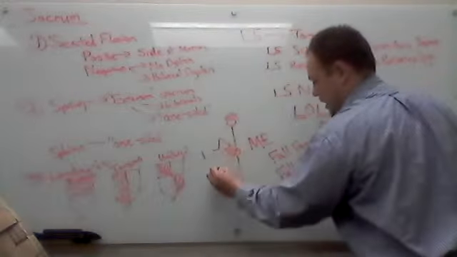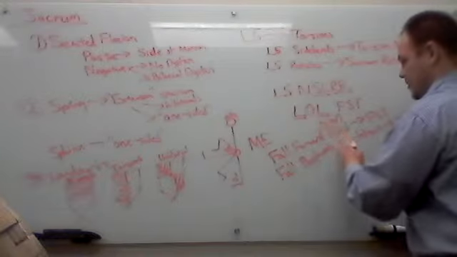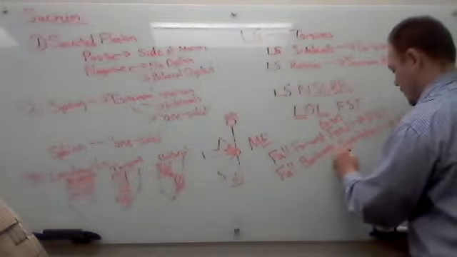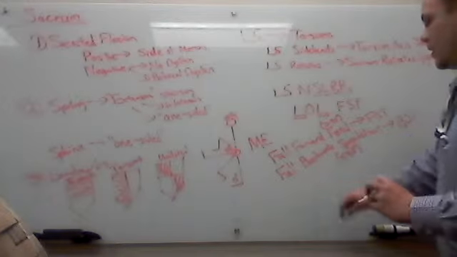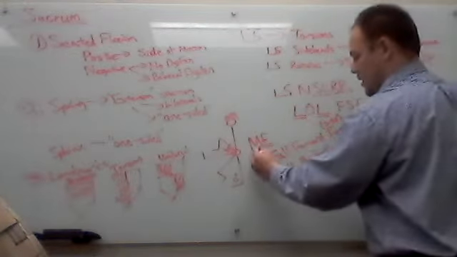And that's because it's less than 90 degrees for the backward sacral torsions.